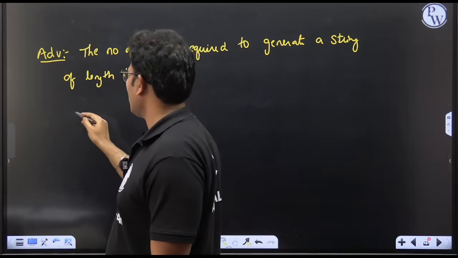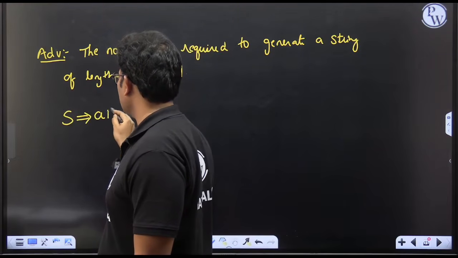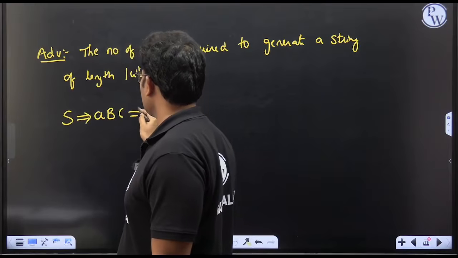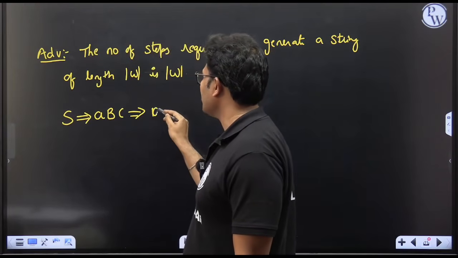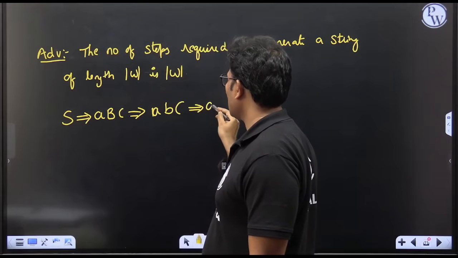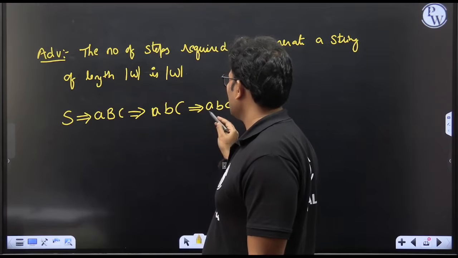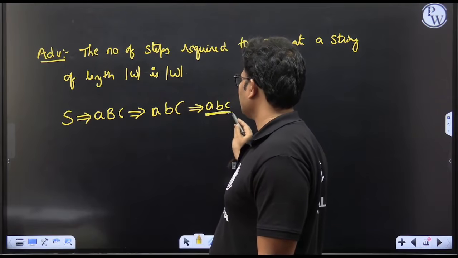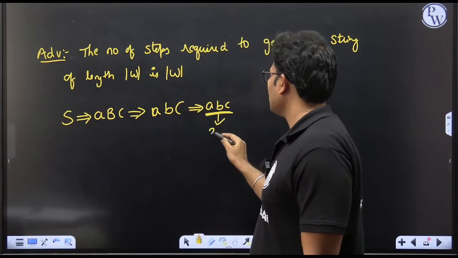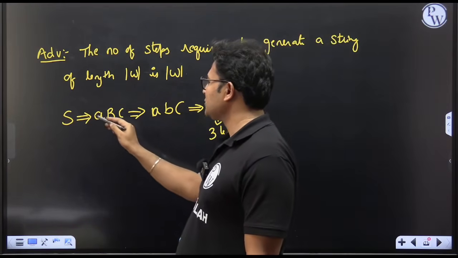For example, if S derives A B C, then B derives small b, then C derives small c. Now if you look at this, in order to generate a three-length string, how many steps did we have?